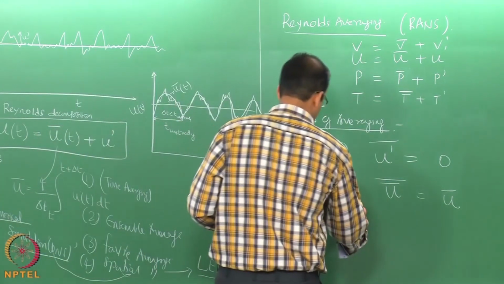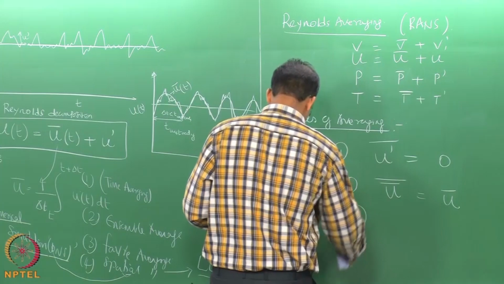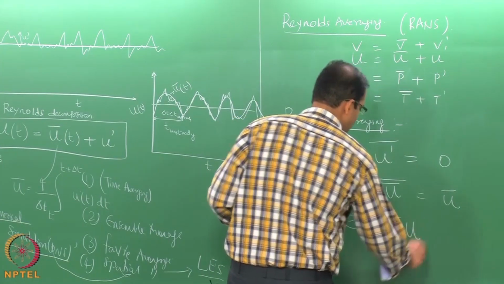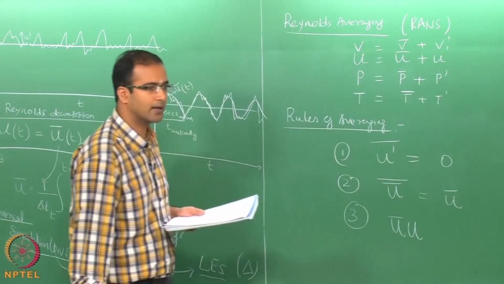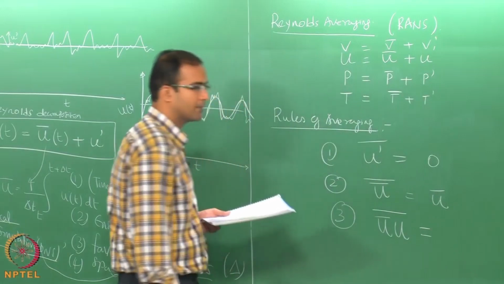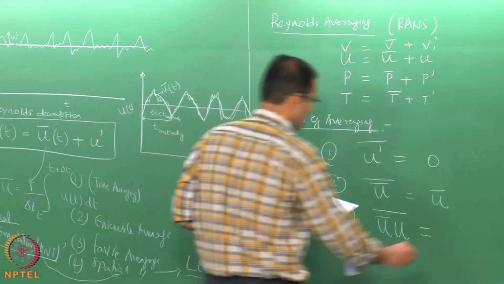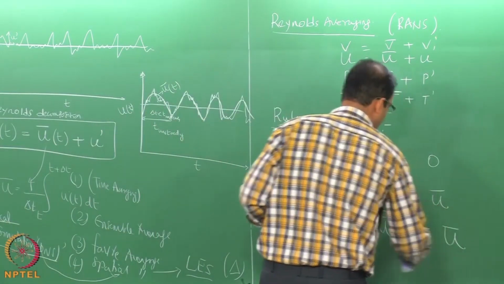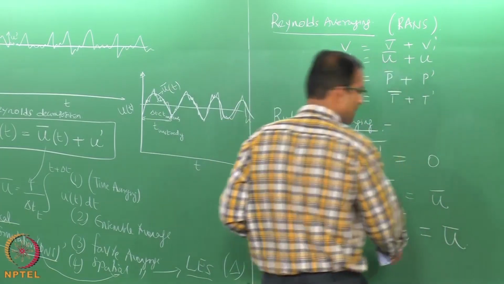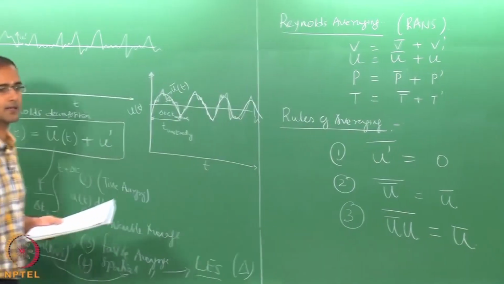Now, there is a product rule which states that if you take the product of a mean and an instantaneous quantity, and then you average this component, you can break this into the mean times the mean of the instantaneous. What is the mean of the instantaneous?